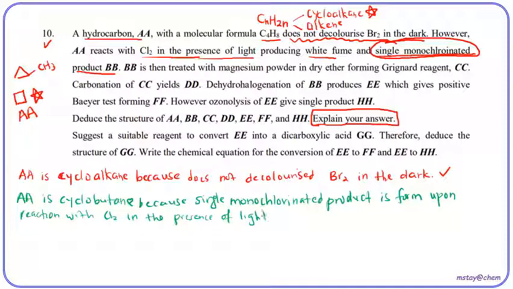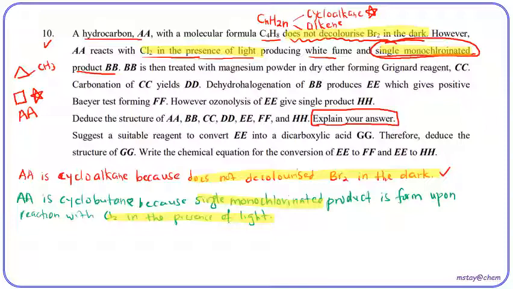You will also notice that all these answers are already in the question. Does not decolorize bromine in the dark. Chlorine in the presence of light, single monochlorinated. All the answers are basically in the question.